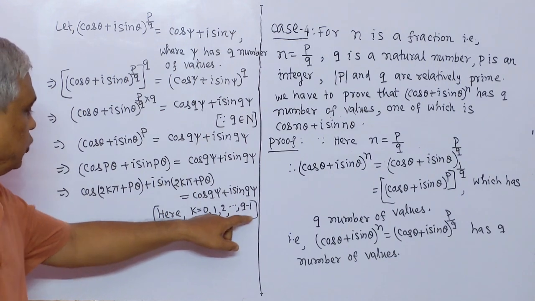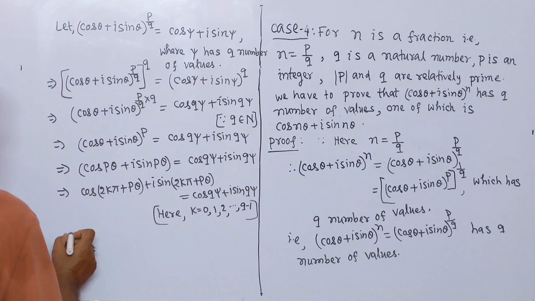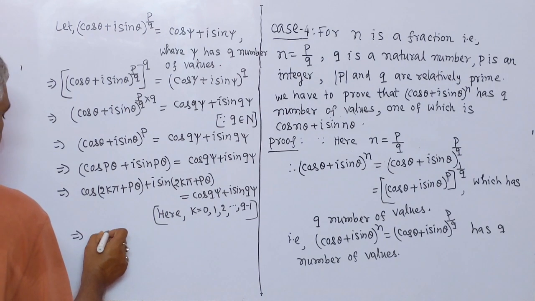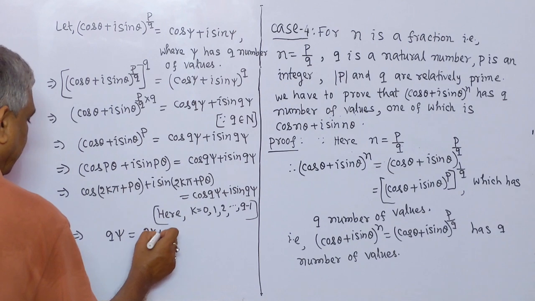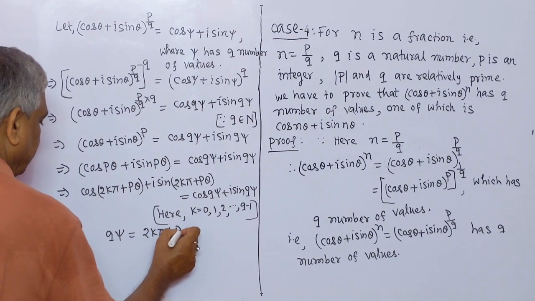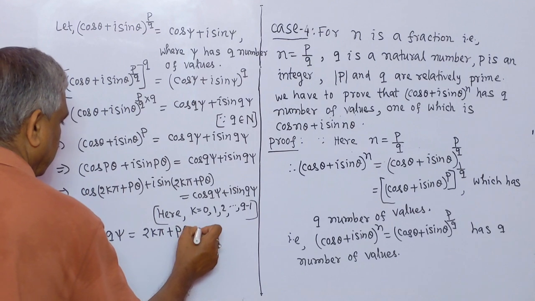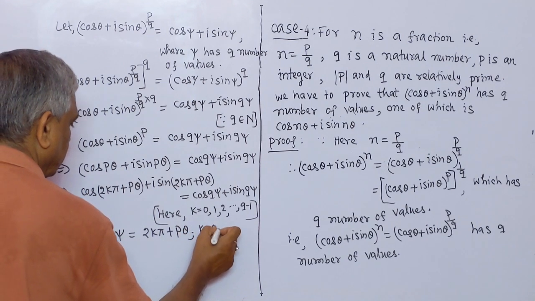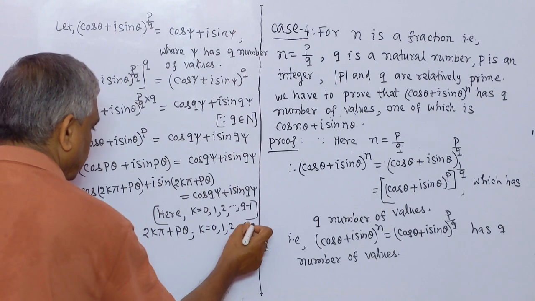Here we see q numbers of values of k. This implies that q psi equals 2k pi plus p theta, k equal to 0, 1, 2, up to q minus 1.